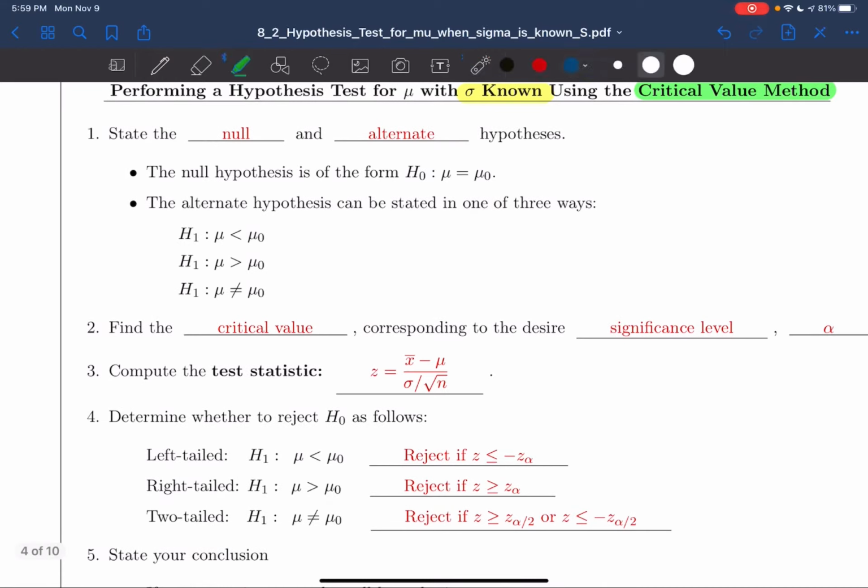The null hypothesis is typically in the form of H naught, mu is equal to mu naught, where mu naught is just a number somewhere in the problem. The alternative hypothesis can be stated one of three ways. We could say that mu is less than mu naught, where again mu naught is just a number. We could say that mu is greater than mu naught, or mu is not equal to mu naught. And this should be all refresher from 8.1.